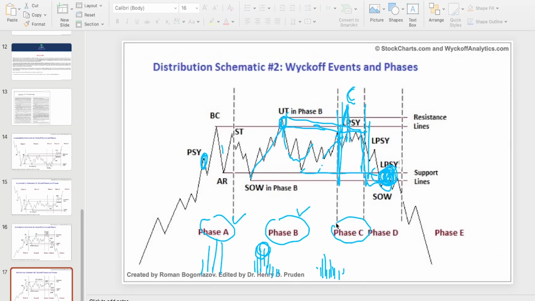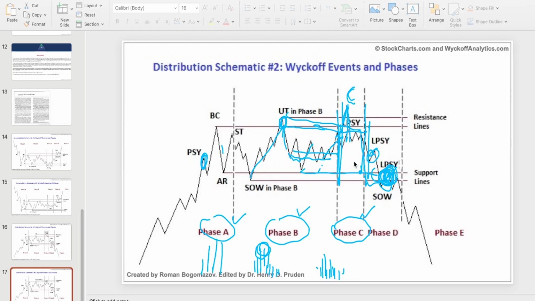So you want to see that for phase C, and then when you see that, you want to see some last point of supply to initiate your selling position. You want to see it come to the level of interest, where buying has occurred before. Because what happens with the last point of supply, or last point of support in the case of accumulation, is it comes to the area of previous support or resistance.